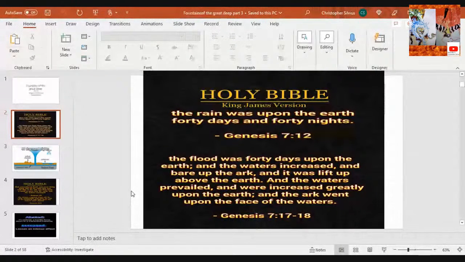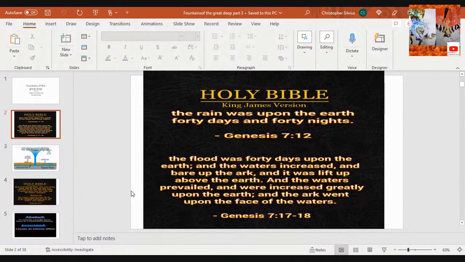It says in verses 17 and 18, the flood was 40 days upon the earth, and the waters increased and bare up the ark, and it was lift up above the earth, and the waters prevailed and were increased greatly upon the earth, and the ark went upon the face of the waters.